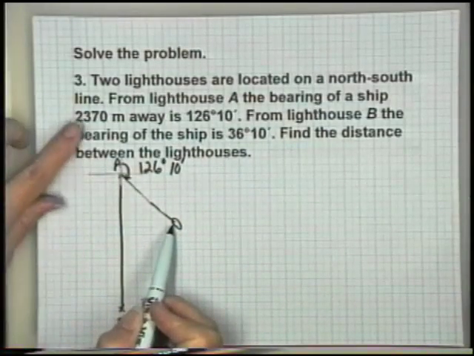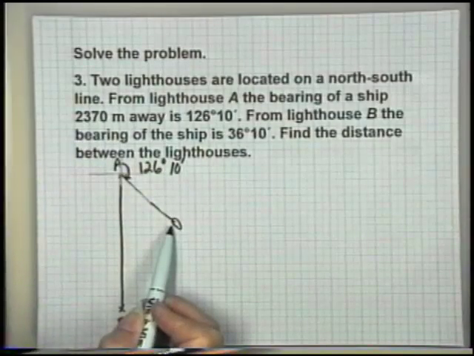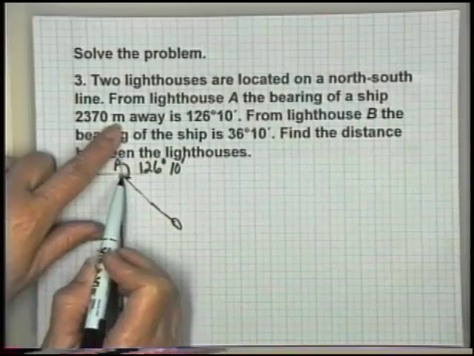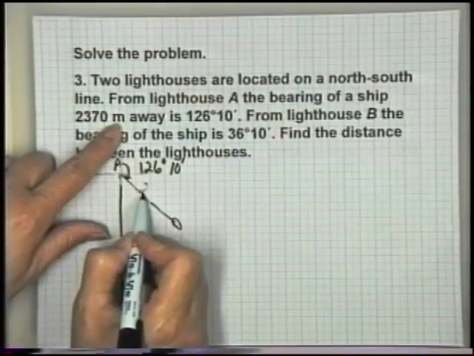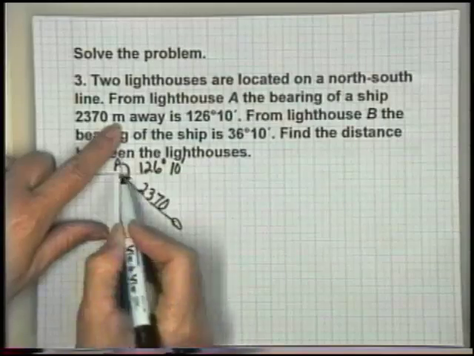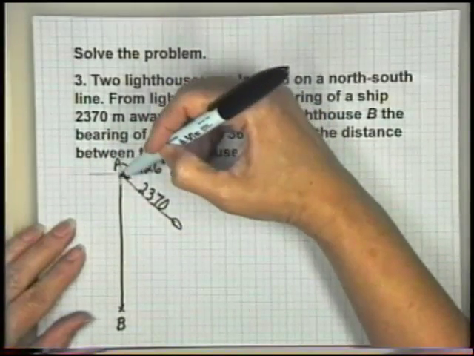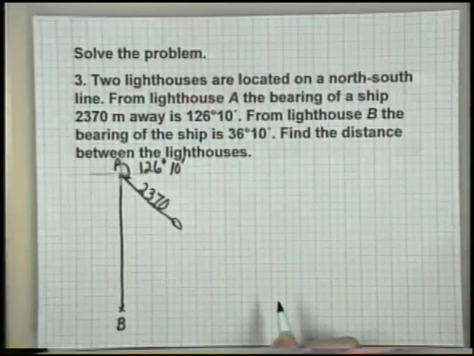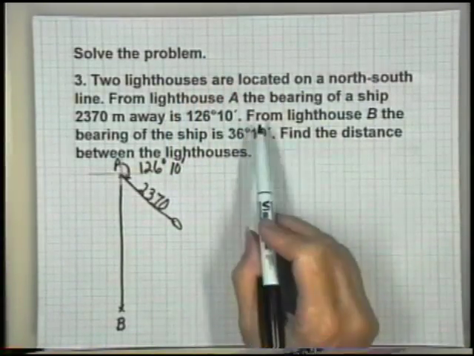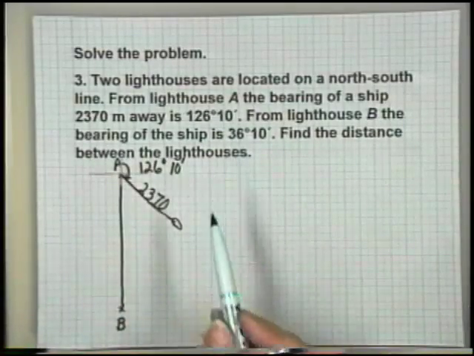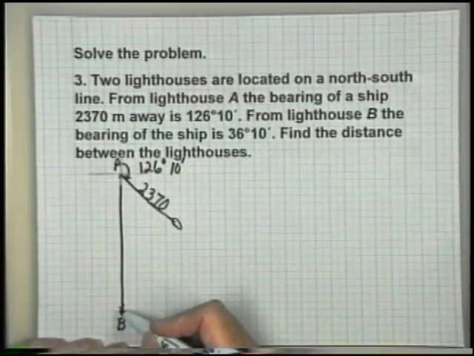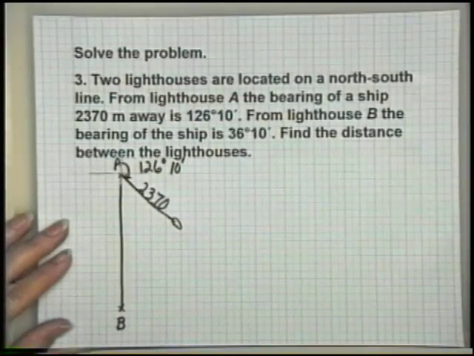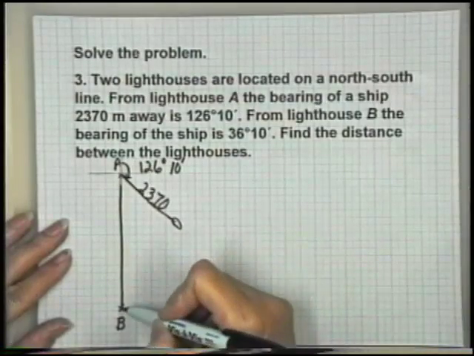The other information they give me is the ship is 2,370 meters away from lighthouse A. So that means this distance is 2,370. And then it says from lighthouse B, the bearing of the ship is 36 degrees 10 minutes. So let's see what we know here.